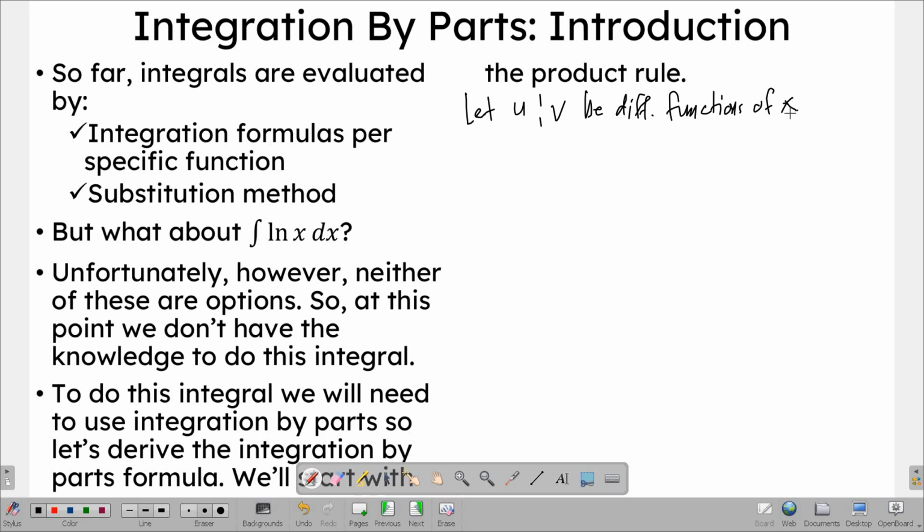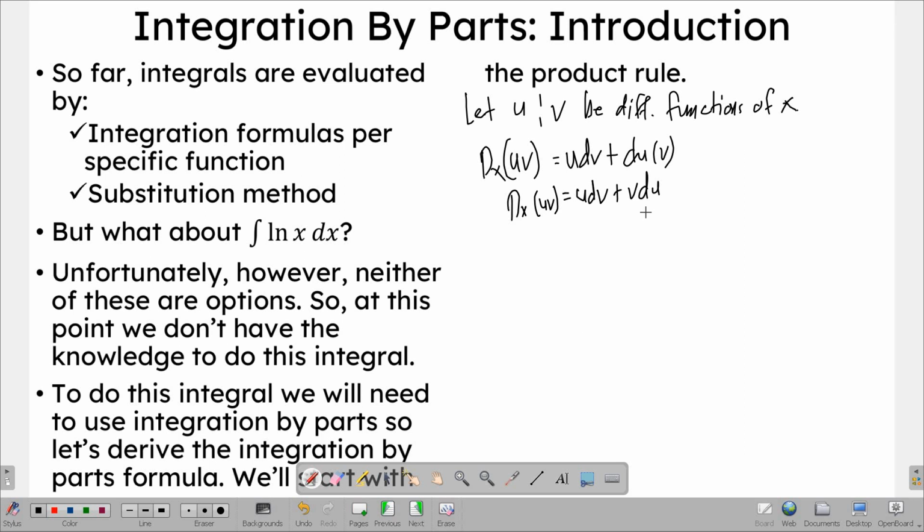If we are to find the derivative of uv in terms of x, we know that the formula is the original first function times the derivative of the second function, plus the derivative of the first function times the original second function. So let me rewrite that. The derivative of uv is equal to u dv plus v du.